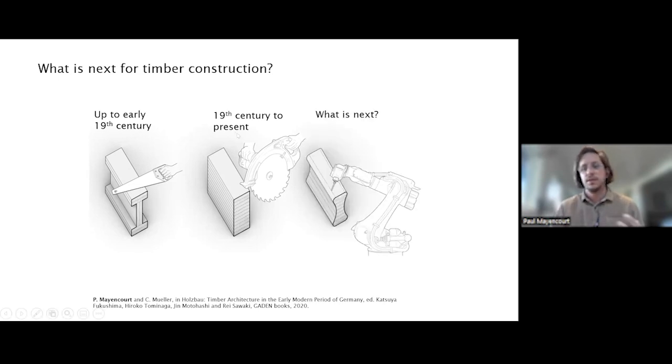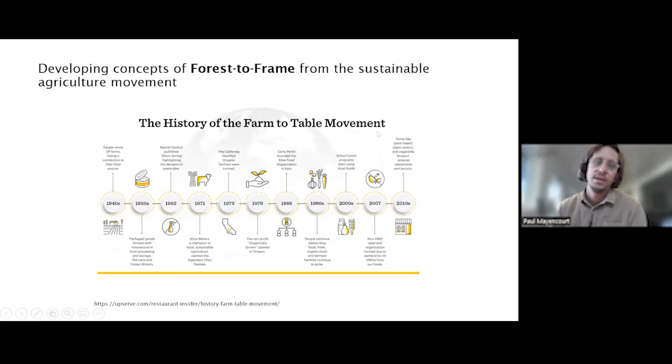But I think now we are in a situation where we need to think about ways to reduce the environmental cost of our buildings. At the same time, that means we need to reduce the cost of construction of mass timber so that it becomes the one solution that is easy to take, because it will be cheaper than other systems. And that can be leveraged through digital fabrication, but also structural optimization. And part of these concepts, I think, could be included in a larger forestry frame kind of idea.